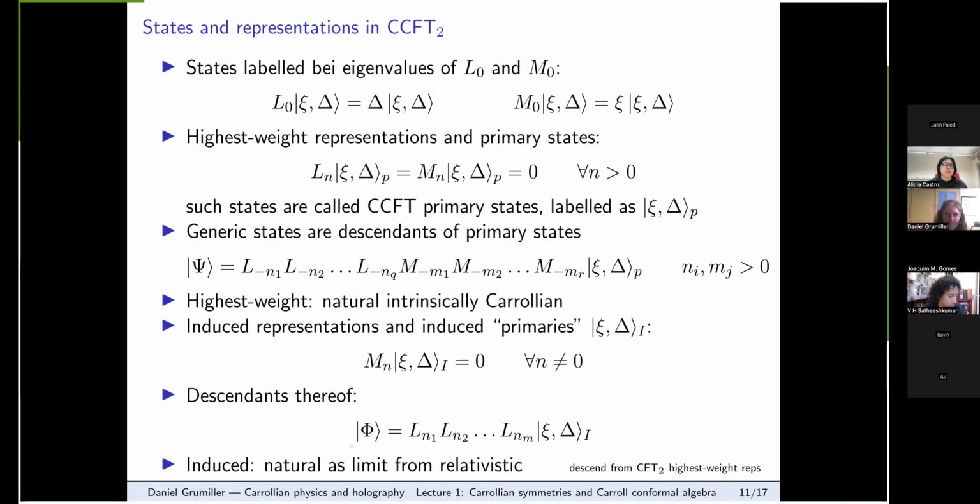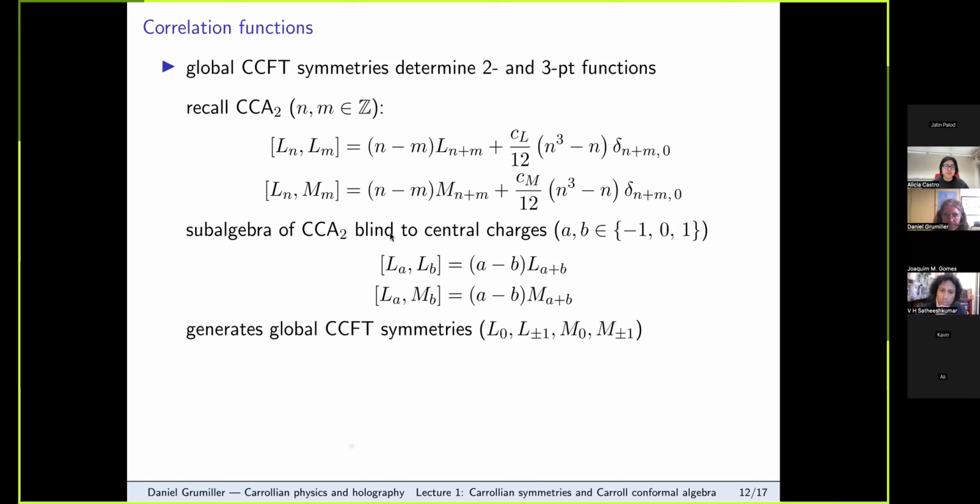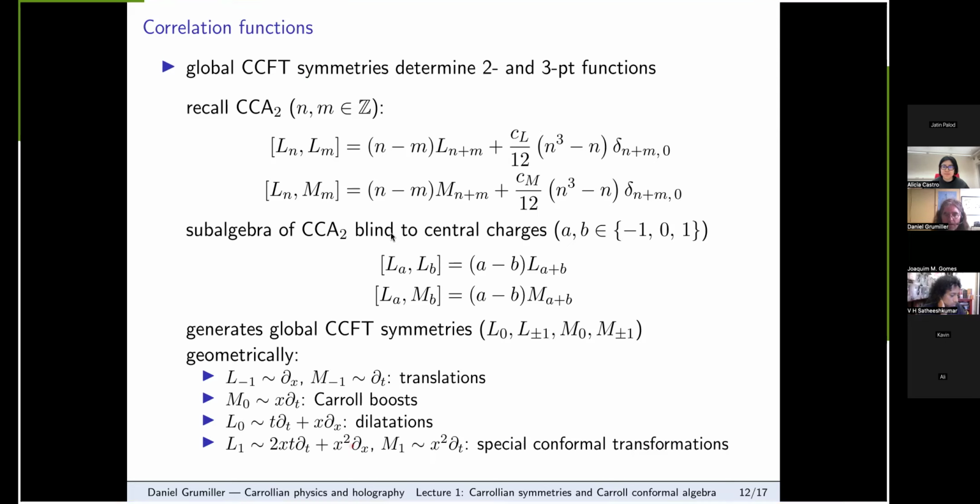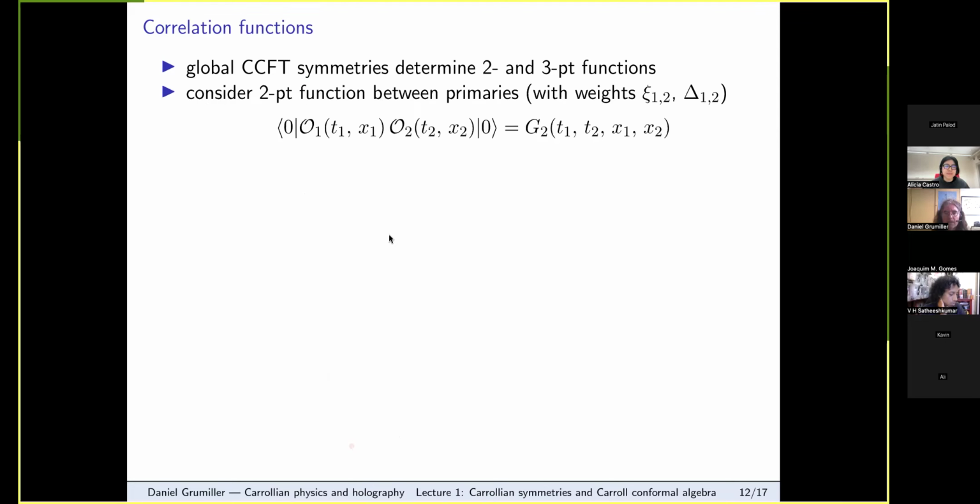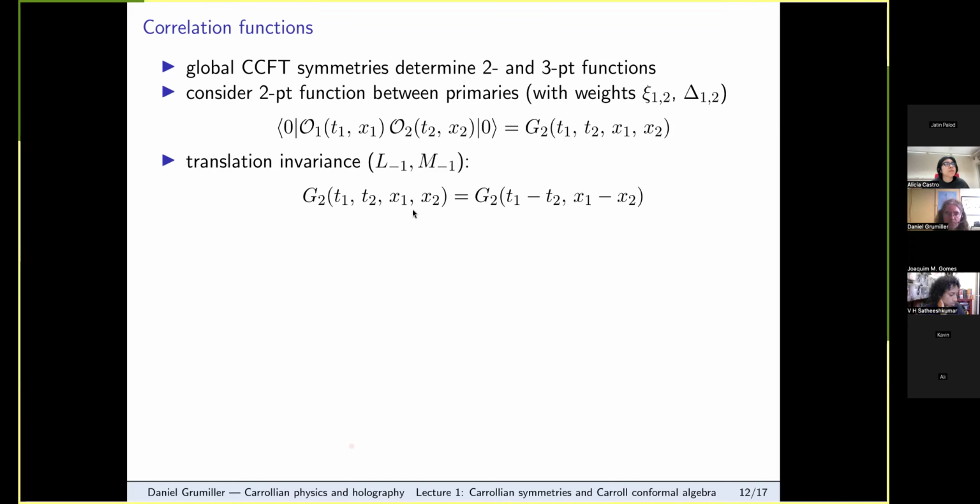I'm not sure if there are good applications where there are arbitrary irrational numbers. It's a bit like in CFT, the weights don't have to be integers. You can have, for instance, in the Ising model, weights like 1/2 or something like that. But they're typically rational numbers. Okay. So yeah, 2-point function.